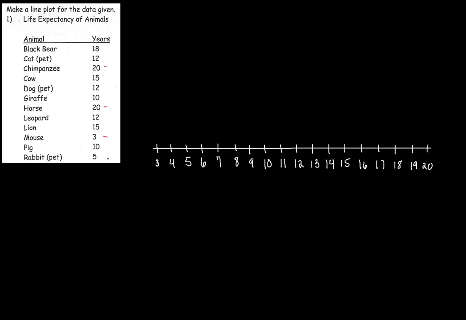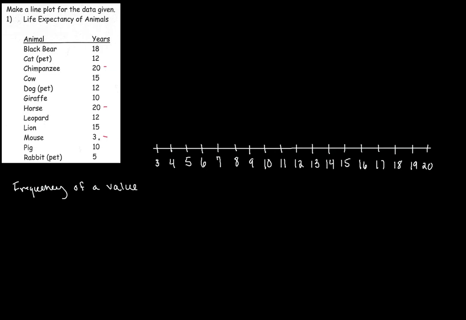Now, with a line plot, you're trying to decide on the frequency. You're trying to show people the frequency, or the number of times that a value occurs. And you do that by using x's. So x's for one occurrence, for one frequency.